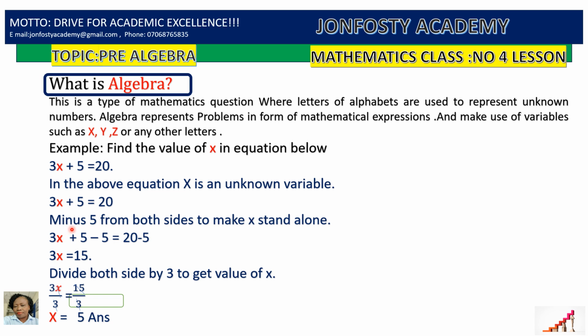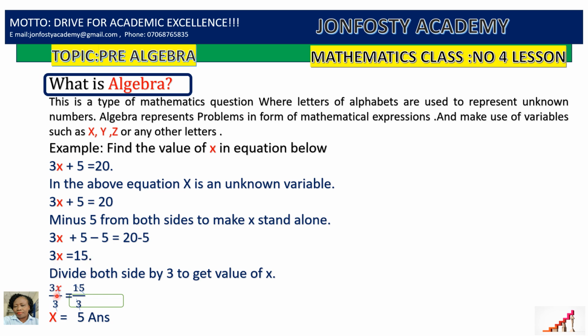When we minus 5 from both sides, it will allow us to solve for x easily. So 3x plus 5 minus 5 equals 20 minus 5. We now solve for plus 5 minus 5. It will give us 0. We bring down 3x and solve for 20 minus 5, which will give us 15.